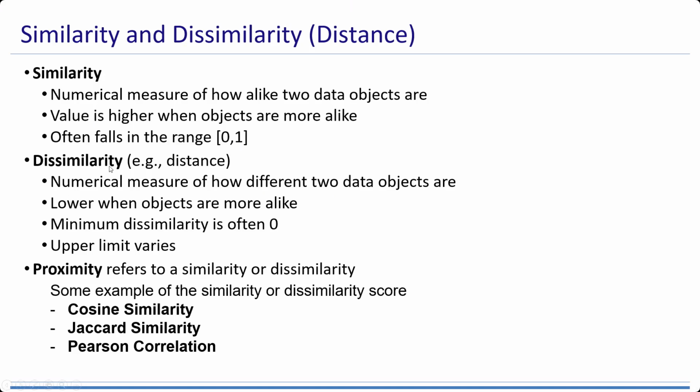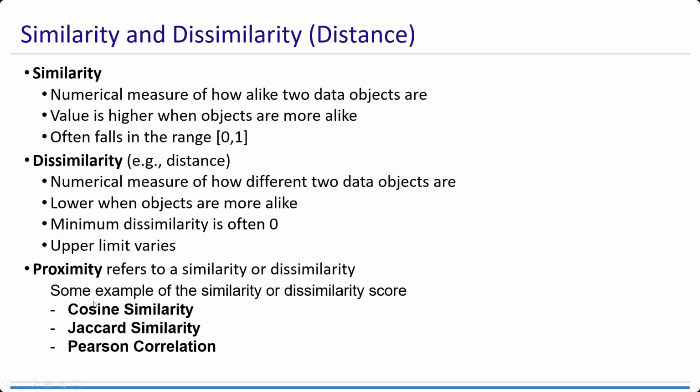But if the distance is high, the upper limit varies. The upper limit can be 1, 10, 100, or 1 million. It depends on the data. So proximity refers to similarity or dissimilarity.